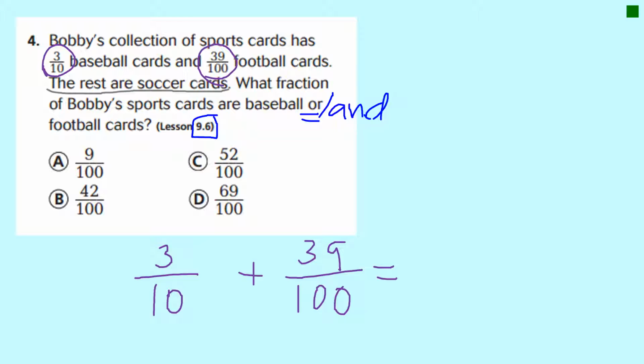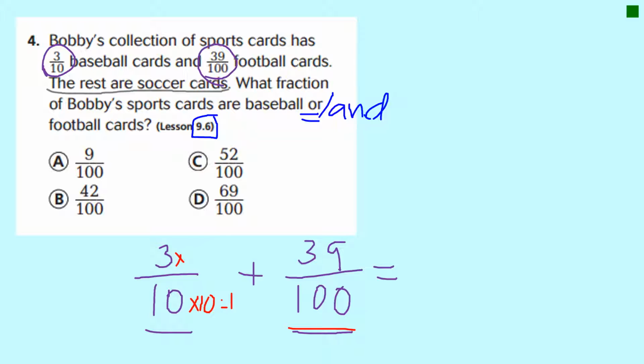Okie dokie. What do we have to do here, guys? We can't just jump in and add higgledy-piggledy because those denominators are different, right? We have to make both of those denominators the same, so let's make them both 100. Okay, so that one already is 100. What's 10 times 10, right? Because whatever you do to the denominator, you have to do to the numerator.